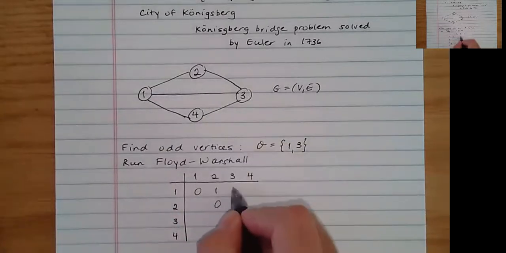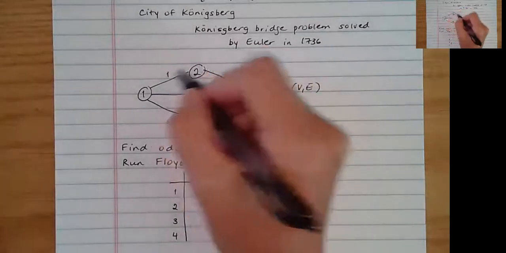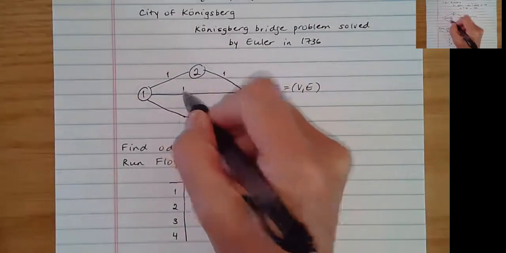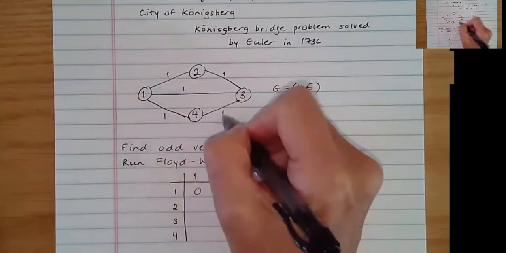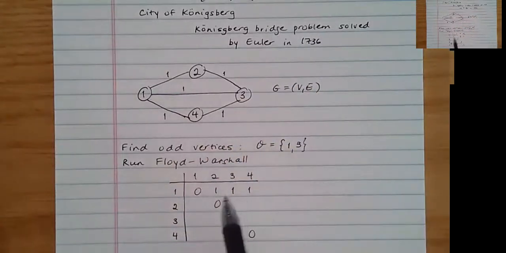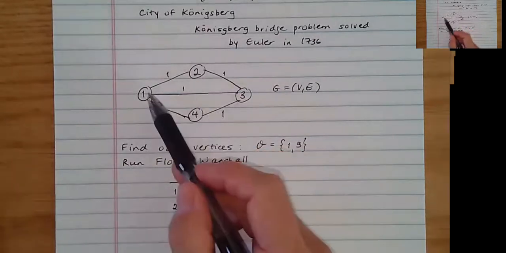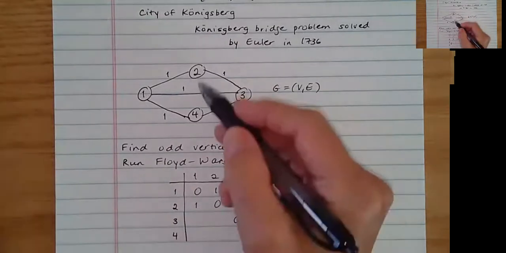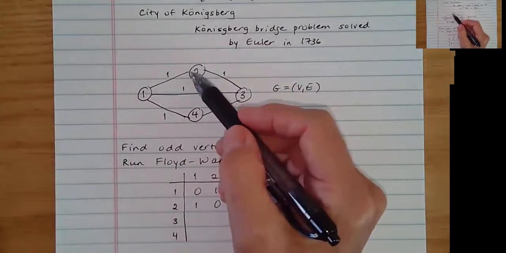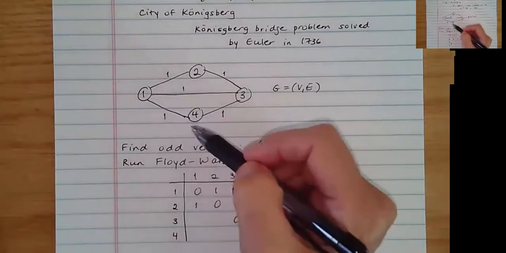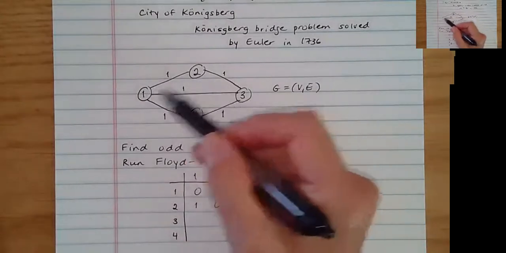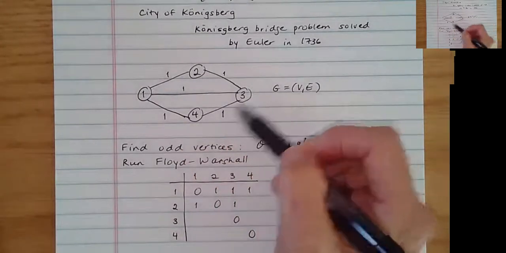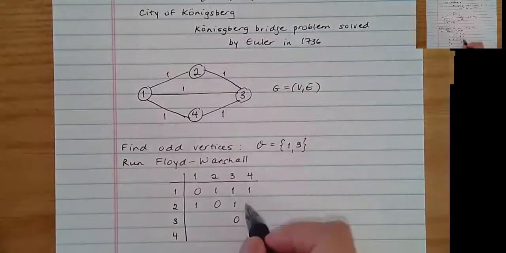So assuming the distances of 1 are all given, I can get from 1 to all others at a cost of 1. Now, 2 has an edge to 1 and 3, but not to 4. So I have a path to 4 through 1 and also through 3 of length 2.